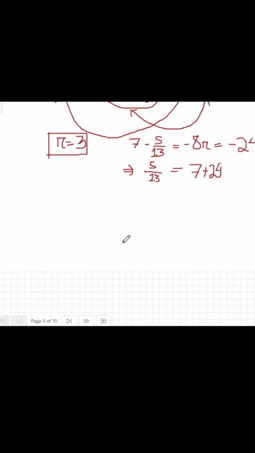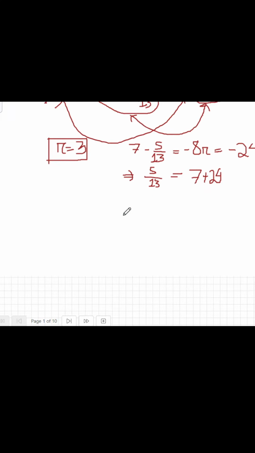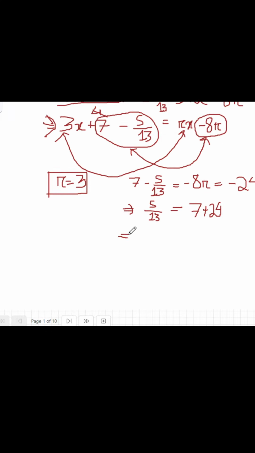Okay, so then this becomes S equal to 13 multiplied by 7 plus 24, 31. So this will be equal to 13 multiplied by 31, which will be 403. So R is 3 and S is 403.